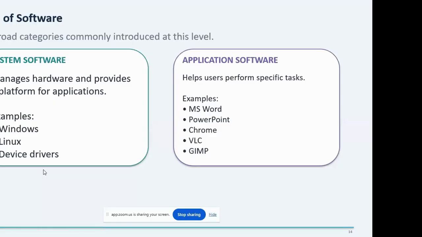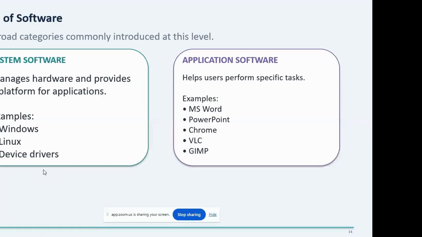I need some other software, so I install PowerPoint or MS Word. If I want to hear songs, I install VLC. If I want to browse or surf something, I need Google Chrome or Microsoft Edge. So here the user selects what type of software the computer needs. That is called application software.